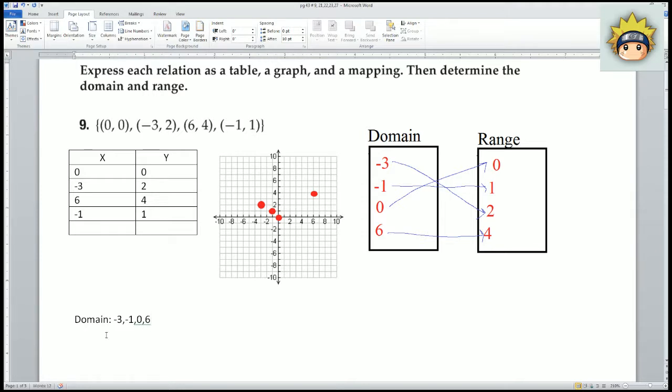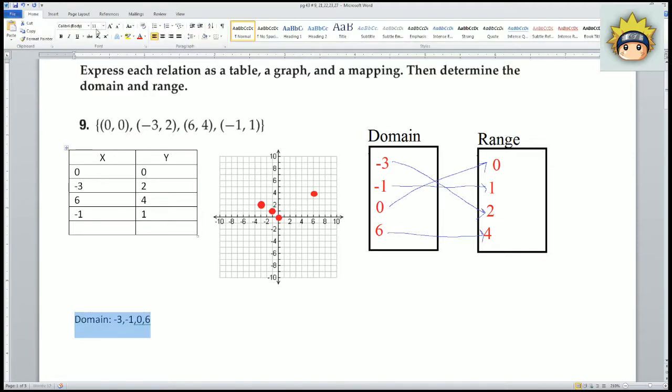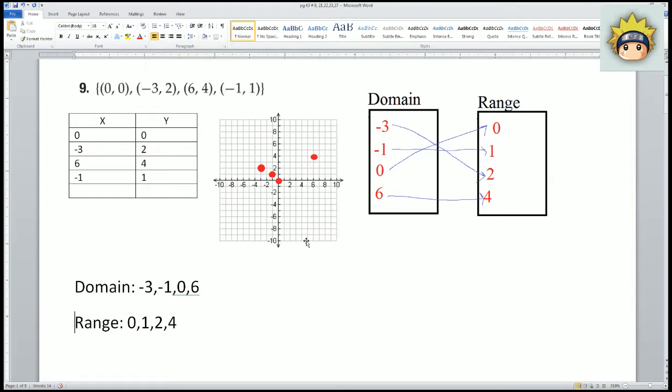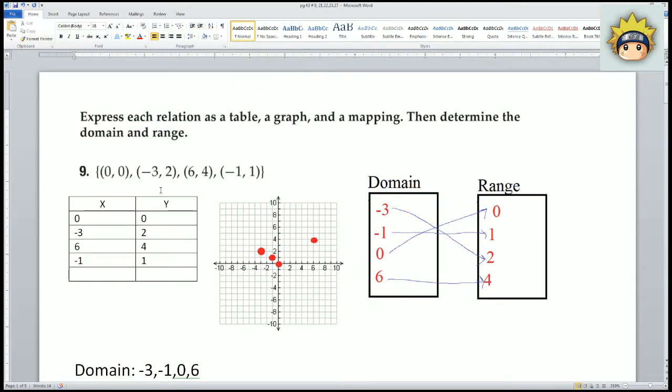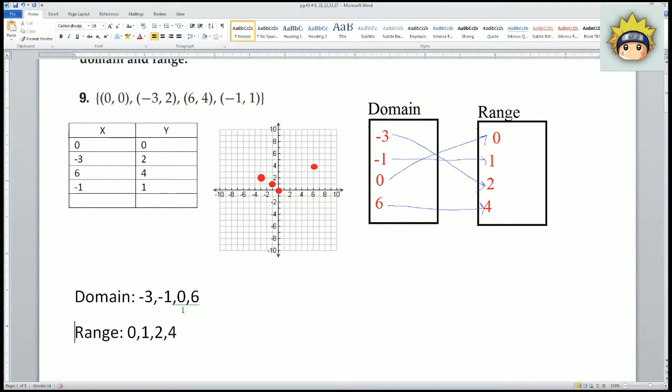The range is 0, 1, 2, and 4. The domain comes from this box, and the range comes from this box. That is the usefulness of the mapping method. Here we expressed each relation as a table, graph, and mapping, and we were able to determine the domain and range.